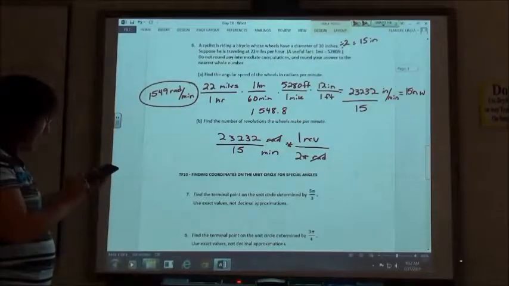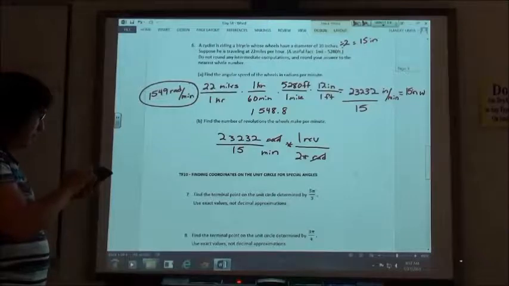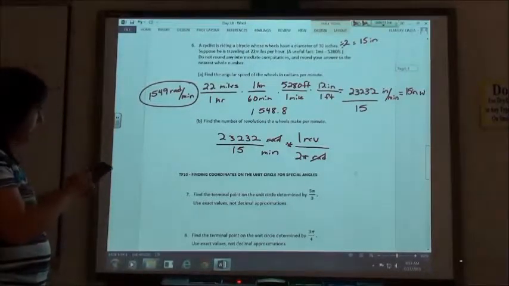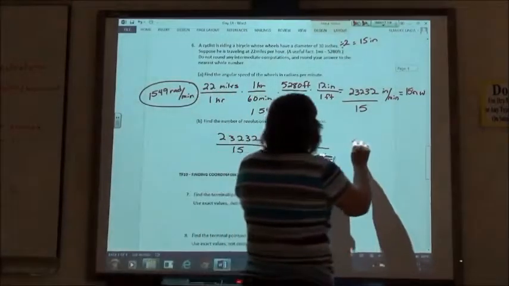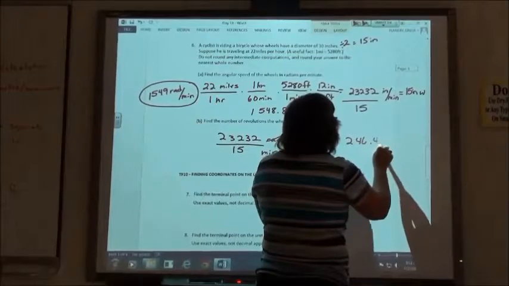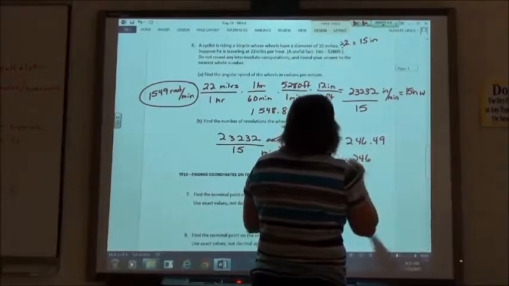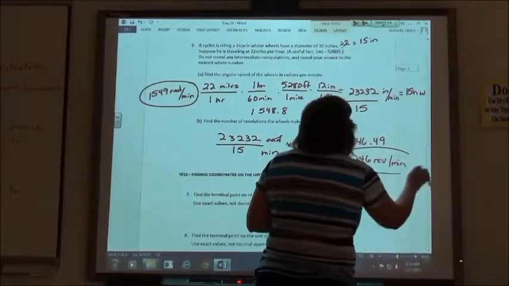So parentheses, 15 times 2 pi, close my parenthesis, and I get 246.49. So rounding that off, 246, and that would be in revolutions per minute.